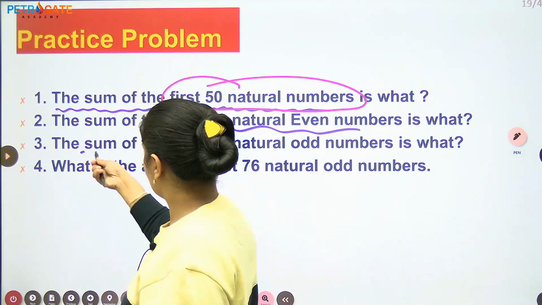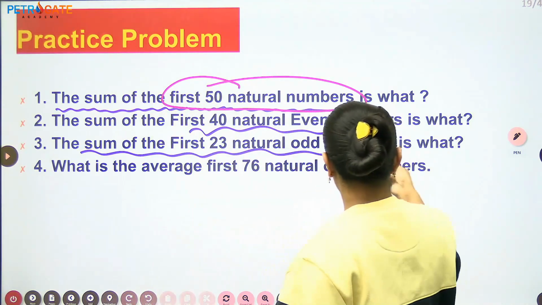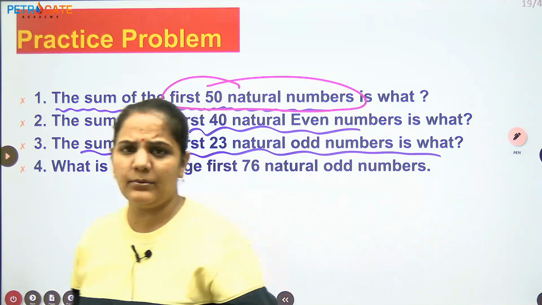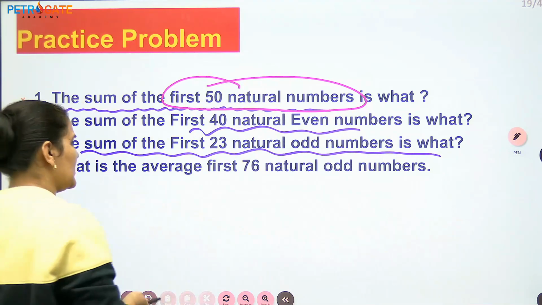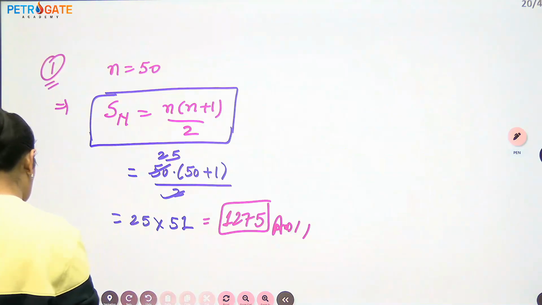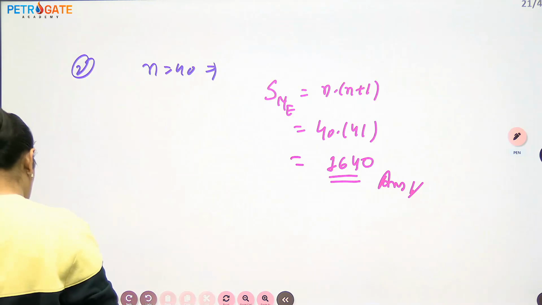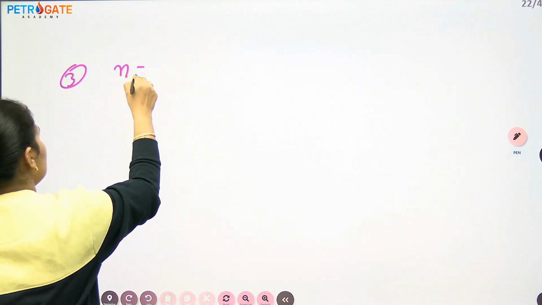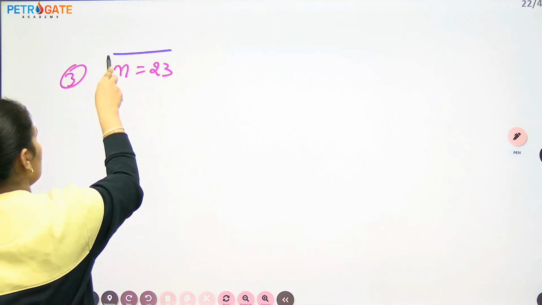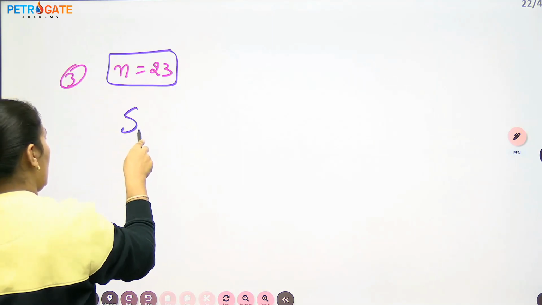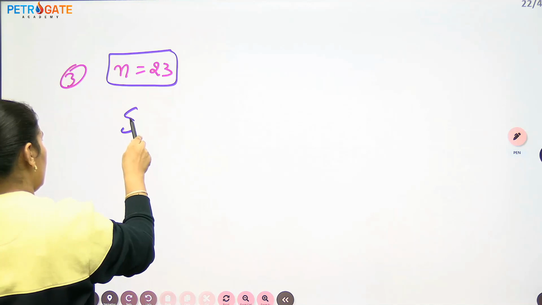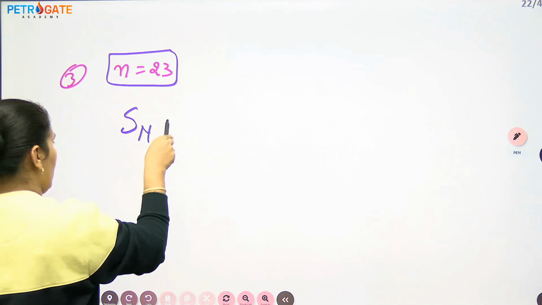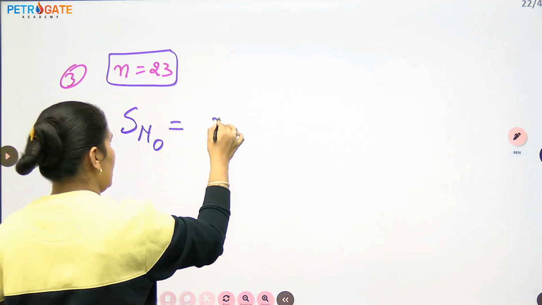The third one is the sum of first 23 natural odd numbers. So 23 square will be the answer only. We know very well, here n is equal to 23, and the question is talking about the sum of n odd natural numbers, so it will be n square.